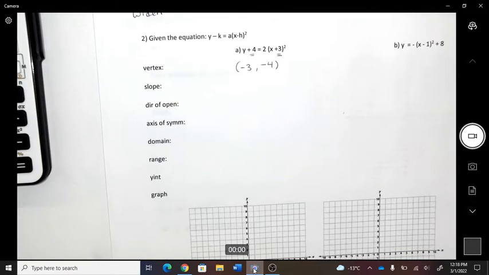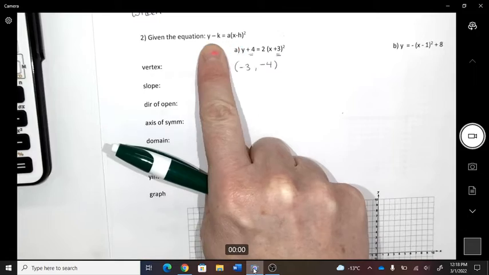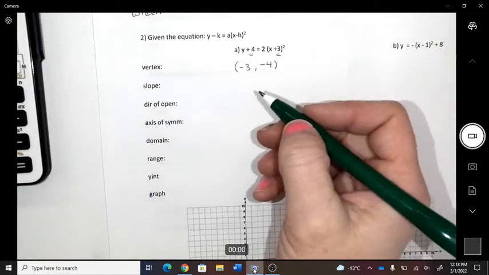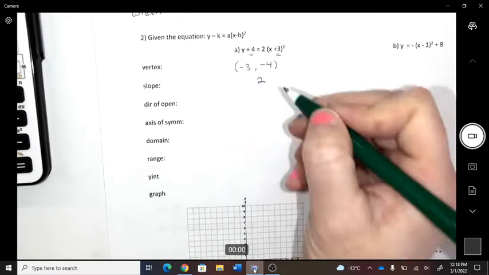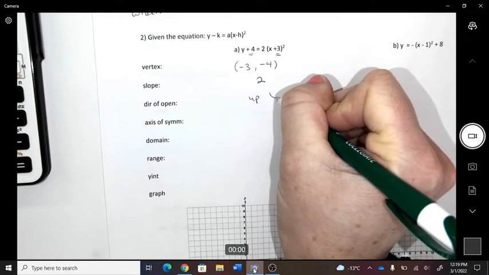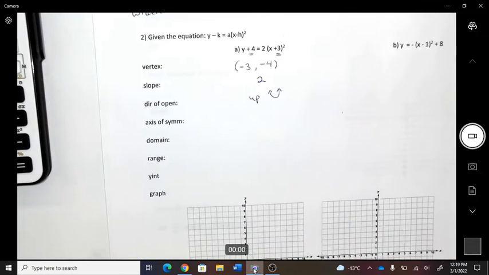Okay, so in that format it's opposite because everything is opposite. The slope, so the slope is 2 because that's the multiplier. If the slope is 2, my parabola will be heading upward. Okay?